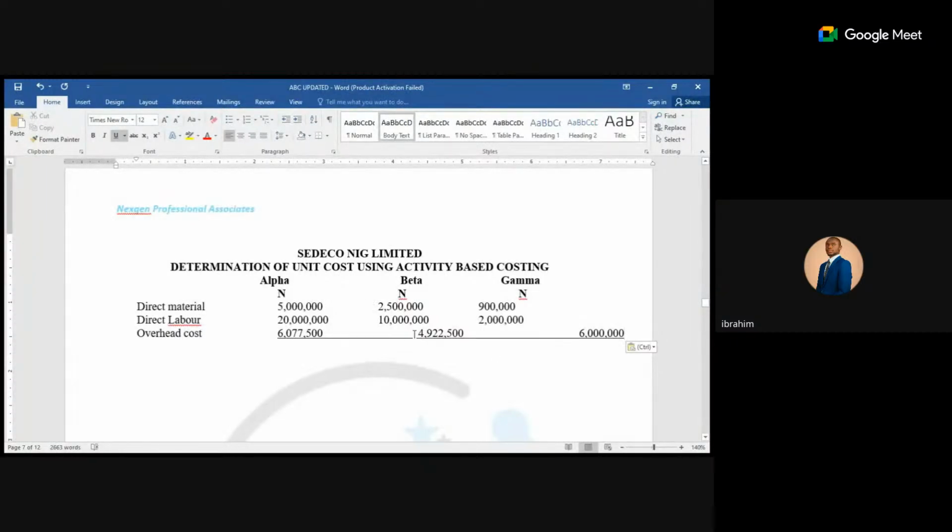Okay, so we have this as our overhead. So what will be the total product costs? This one should add. Okay, so alpha is 31,077,500. Thank you.